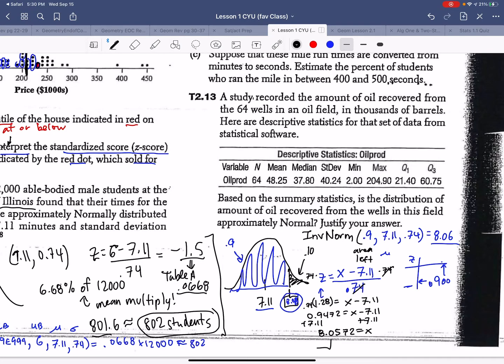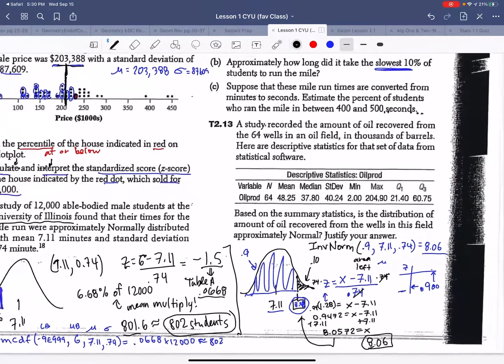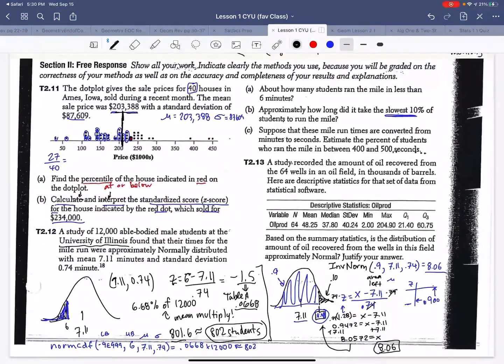Okay, pretty close, right guys? Pretty close, not that bad. So it took, if we round here, 8.06 for the slowest 10% to run the mile. Okay, so this was part A. This was part B. Now we get to do part C.